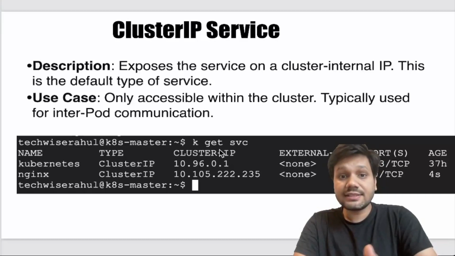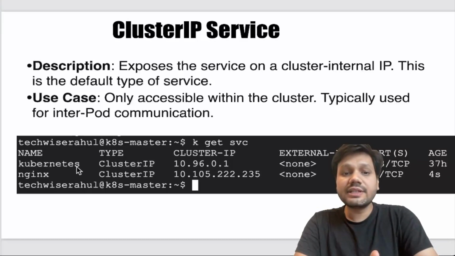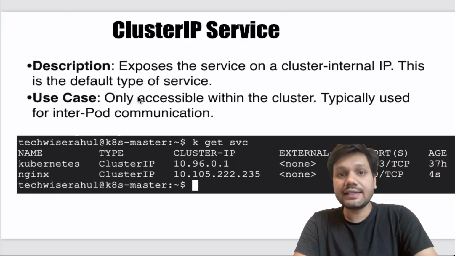I have shared a snap as an attachment as well. As you can see here, this Kubernetes service running as a ClusterIP would be created automatically whenever you set up your cluster from scratch. I have deployed an Nginx application as a deployment in Kubernetes, and I have created a service for that in terms of ClusterIP. So I'm sharing that snap.